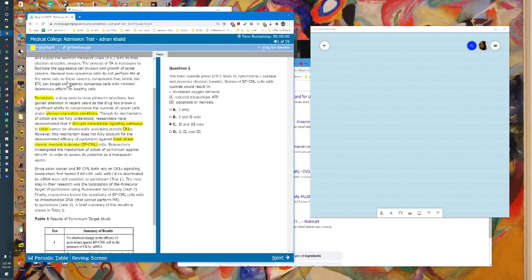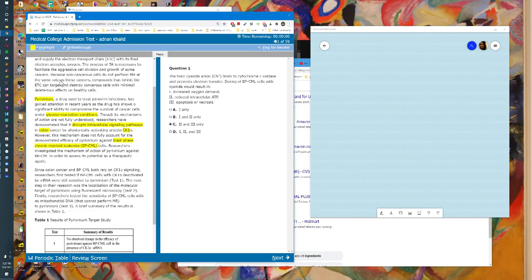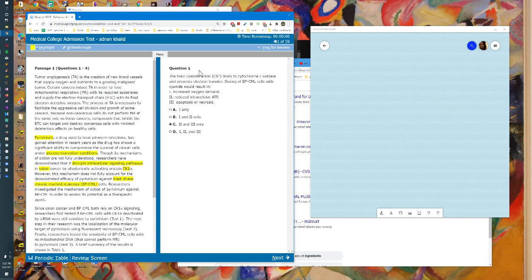First of all, this question over here, all we need to know is that it affects cytochrome C oxidase, which is just basically part of the electron transport chain. So if it prevents electron transfer from happening, you're going to get reduced intracellular ATP.